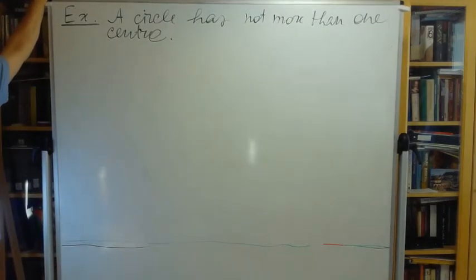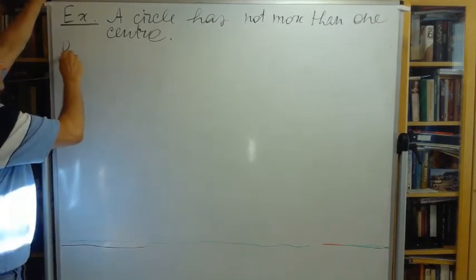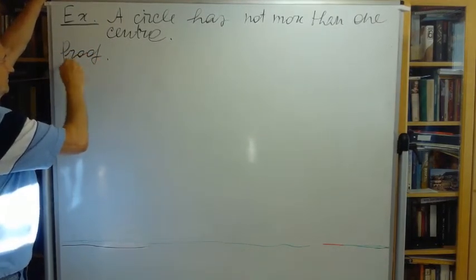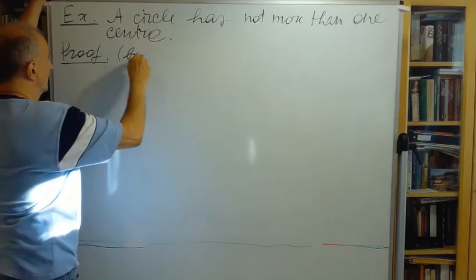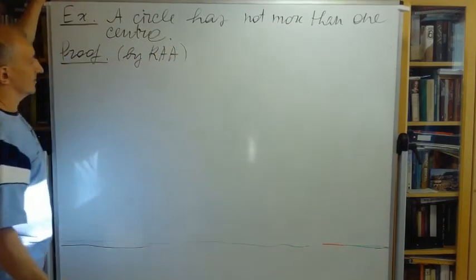Distance is a segment called the radius of the circle. So it doesn't say anything. It does say that the center must be, but it doesn't say how many centers there are. The proof. We will prove by reductio ad absurdum, by contradiction.